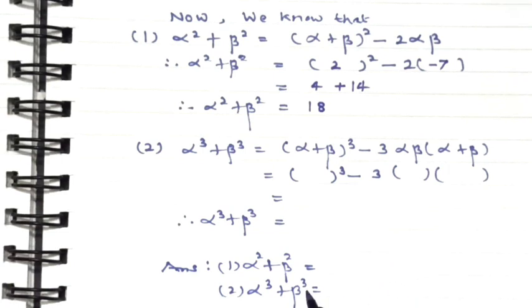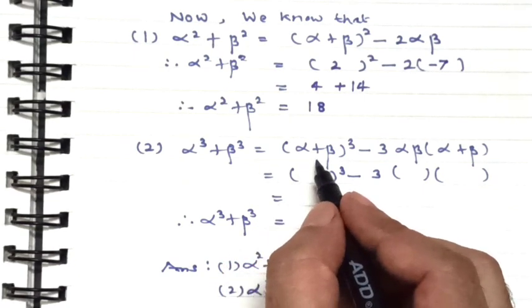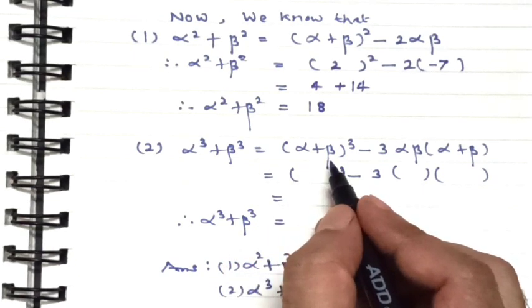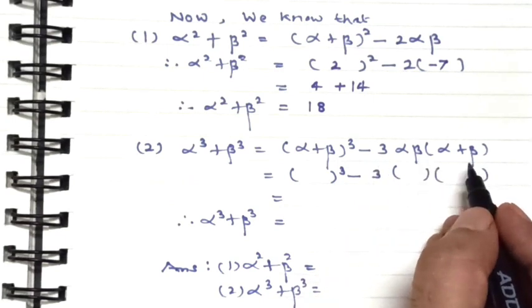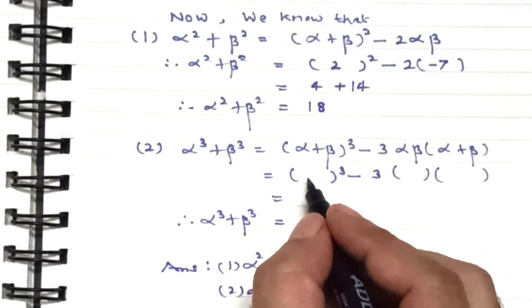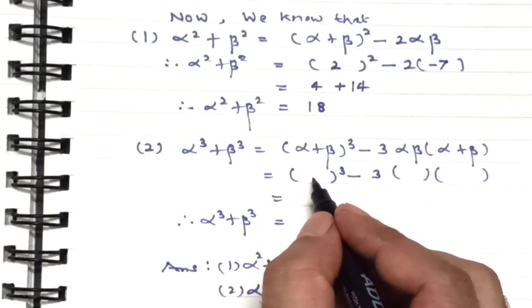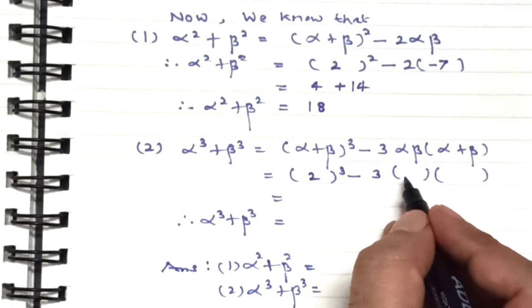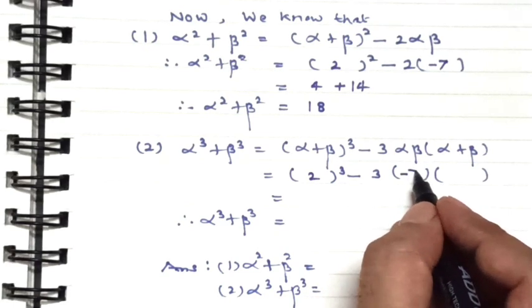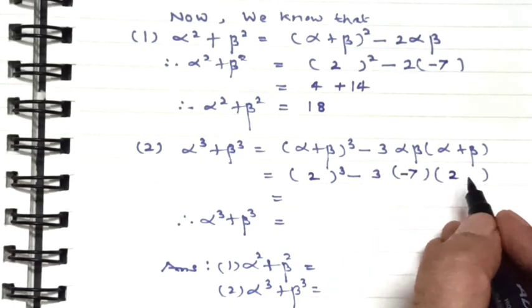Let's find out alpha cube plus beta cube. Remember the formula, alpha cube plus beta cube is equal to alpha plus beta whole cube minus 3 alpha into beta into alpha plus beta. Put the values. Alpha plus beta is equal to 2, minus 3 as it is. Alpha into beta is minus 7 and alpha plus beta is equal to 2.